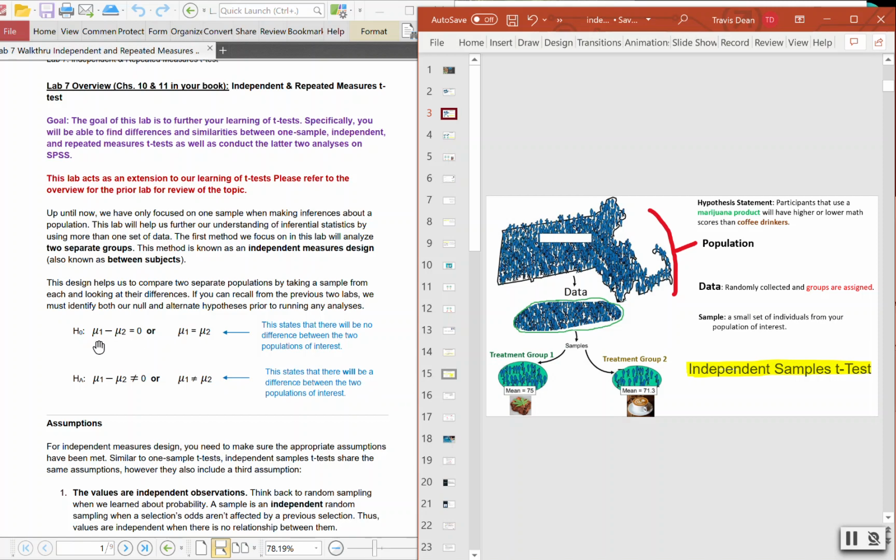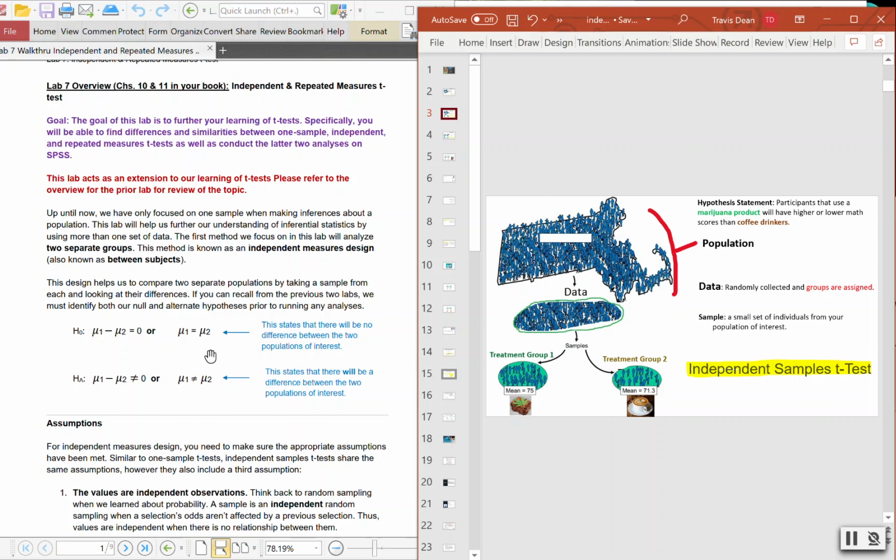Or you can just write it as mu base 1 minus mu base 2. And theoretically, if you subtract the means of these two groups and it comes out to be 0, then there is no difference. It's essentially saying the same thing as this: mu base 1 equals mu base 2.